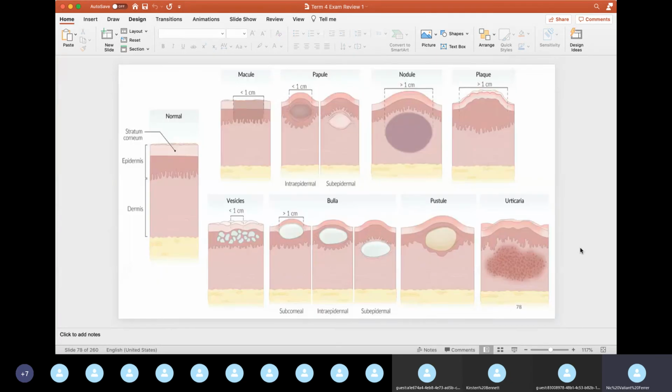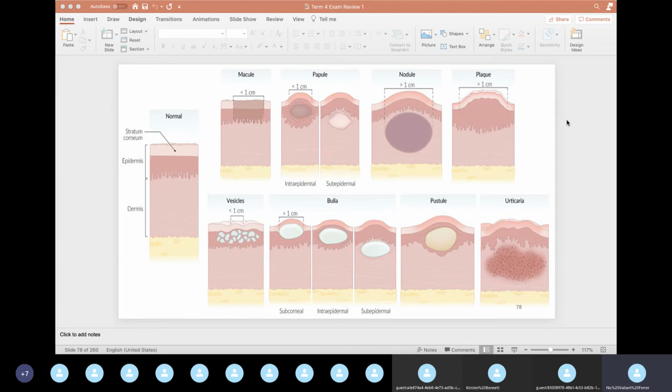So differences, let's look at the picture, right? Let's try to explain what's happening just by looking at the picture. So normal, you have stratum corneum, the topmost layer, epidermis and the dermis. Look at the macule. There's something going on with your stratum corneum and epidermis, right? It is less than 1 centimeter, okay?